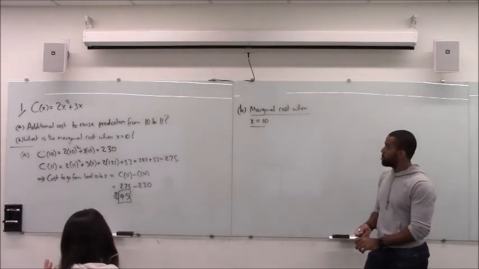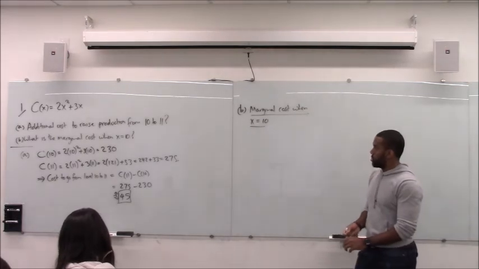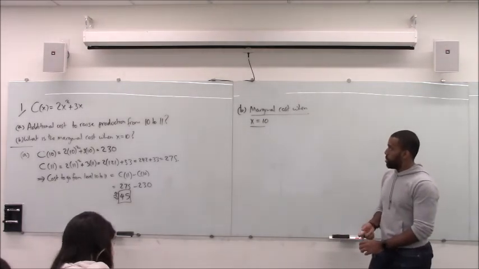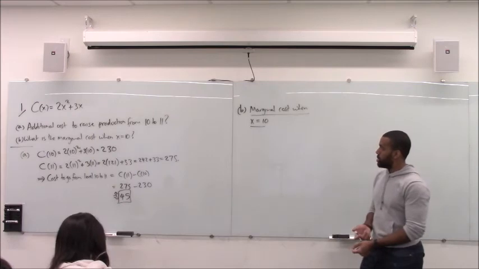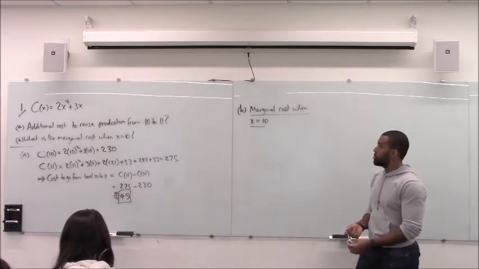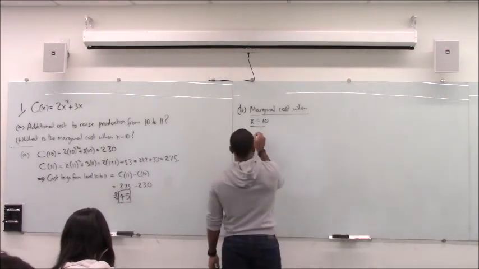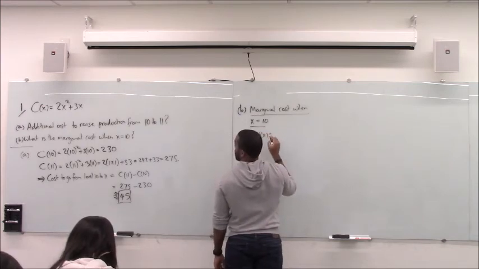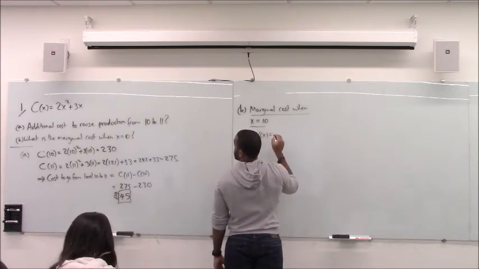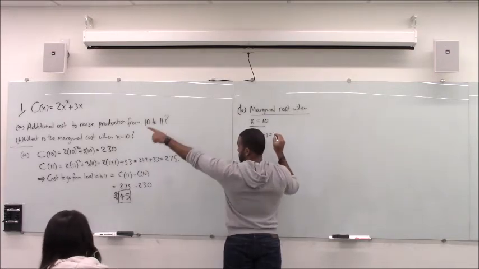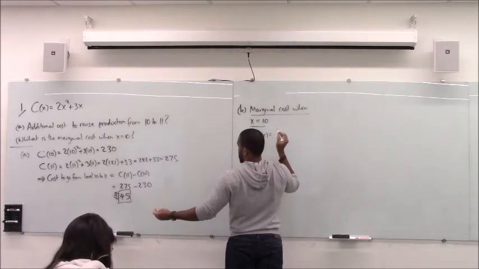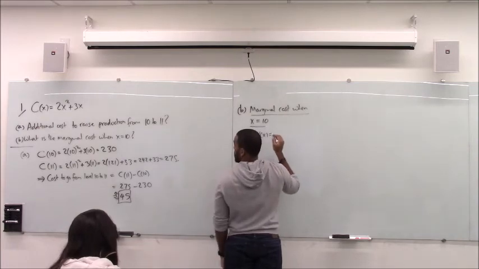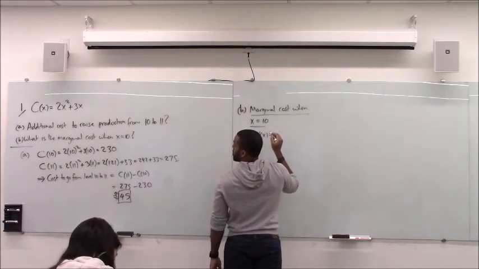The additional cost to produce one more after 10 boxers. Yeah, but how do we find it? We use marginal cost, C prime of x. So we look at C prime, the derivative of C, which is 2 times x plus 1 squared.